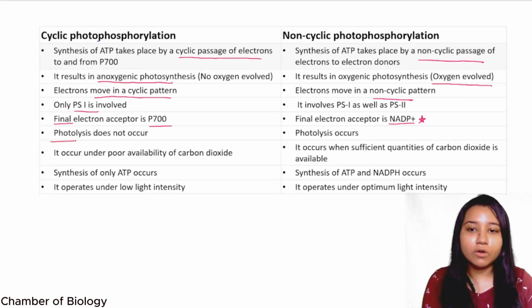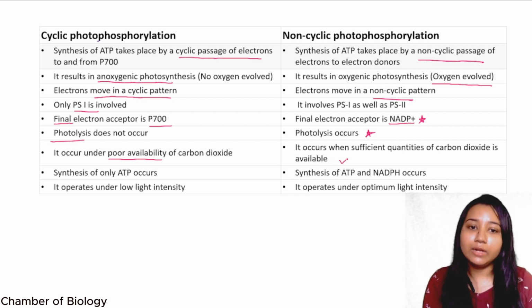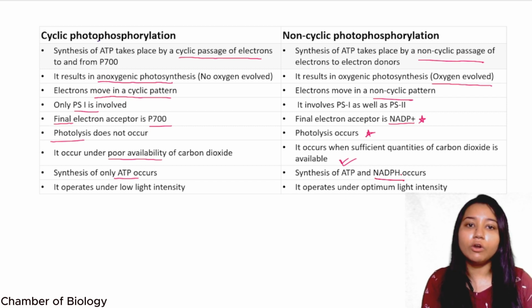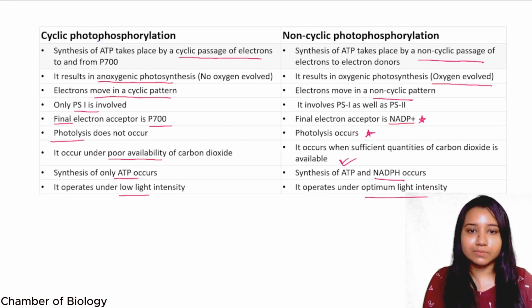Then photolysis of water doesn't occur as there is no splitting of the water, whereas here photolysis occurs. Cyclic occurs under poor availability of carbon dioxide, but when the carbon dioxide is in sufficient quantity, non-cyclic is going to take place. Synthesis of ATP occurs in both the cases, but NADPH is formed only during non-cyclic photophosphorylation. Cyclic occurs in low intensity light, and when the light intensity is optimum, non-cyclic photophosphorylation is taking place.